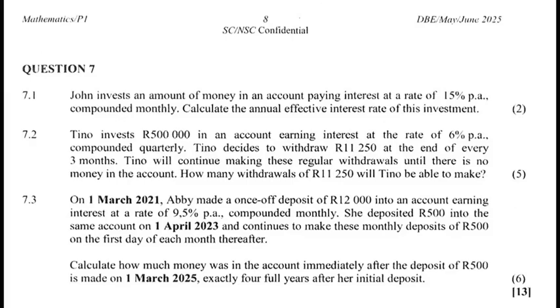7.3 question. On 1st March 2021, Abe made a once-off deposit of 12,000 into an account earning interest at a rate of 9.5% per annum, compounded monthly. She deposited 500 rand into the same account on 1st April 2023 and continues to make these monthly deposits of 500 rands on the first day of each month thereafter.